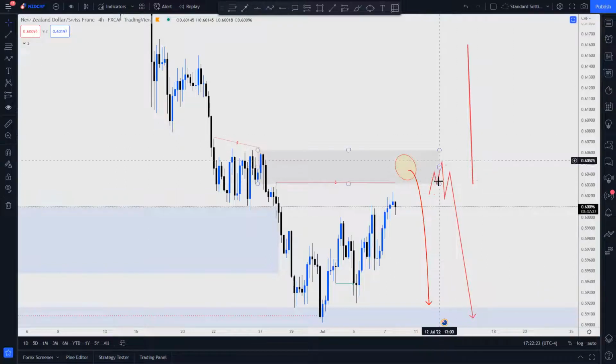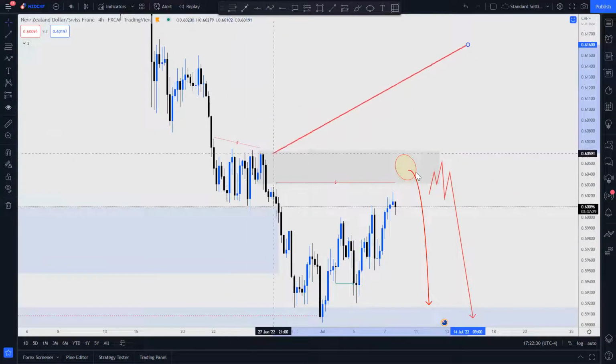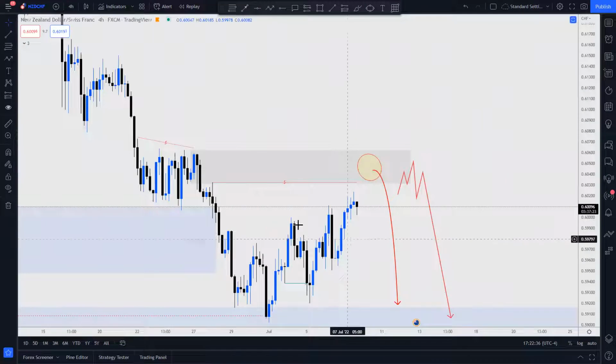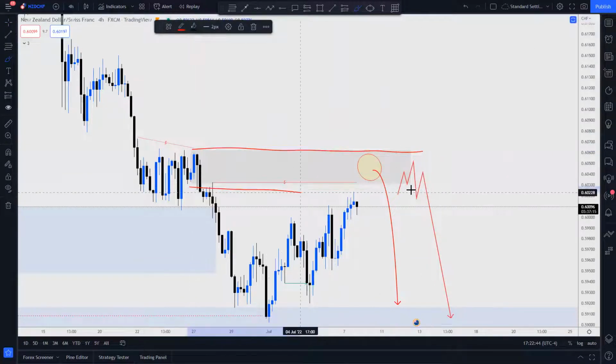If I don't get this pattern here, then I know we're probably going to take out these relative equal highs and continue higher. And if that happens, if we take out this supply, naturally I'm going to be looking at this zone.